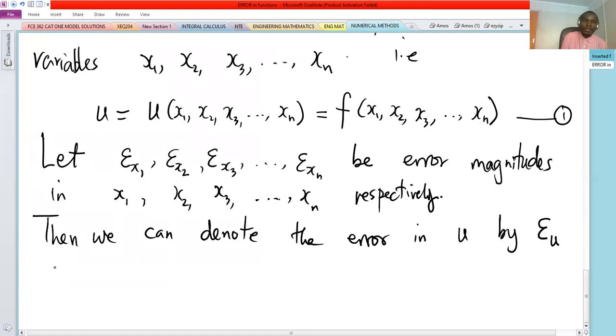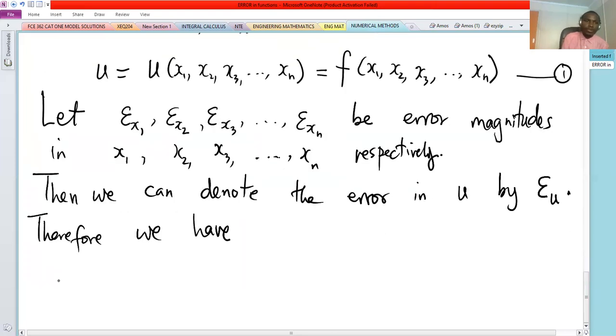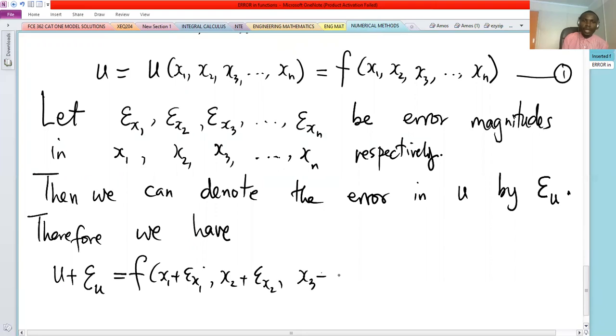So when you say U plus the error in U, it will simply be a function of x1 plus the error in x1, x2 plus the error in x2, x3 plus the error in x3, up to xn plus the error in xn.